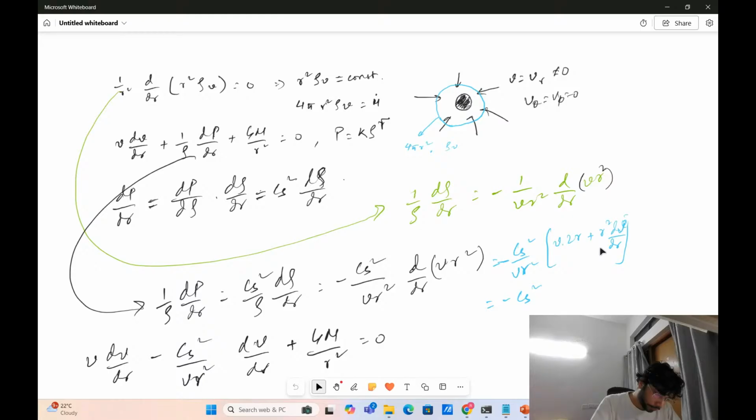So this will be 2cs square by r plus or minus cs square by v dv/dr.